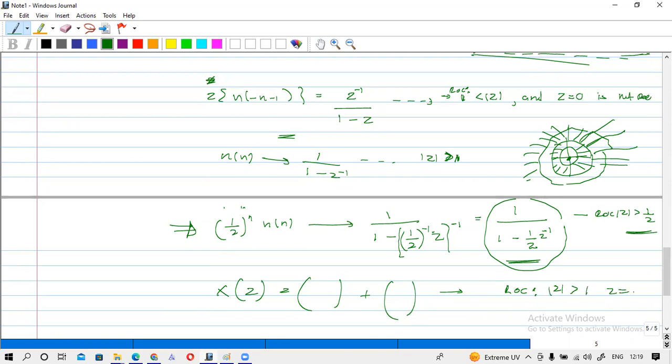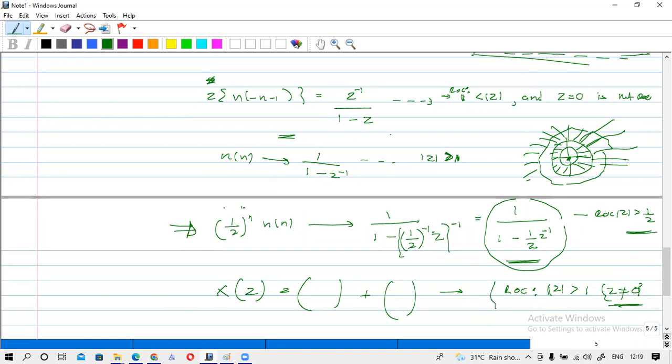You no need to mention z not equal to 0 specifically, because if z is greater than 1, z is not 0. That is very clear. So this will be the XZ and this will be the ROC.